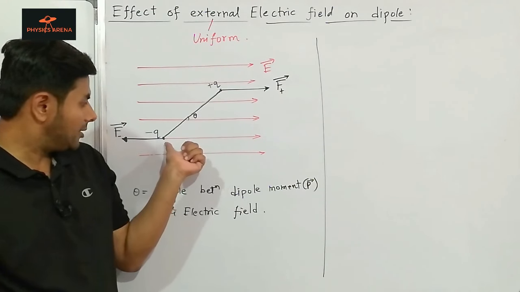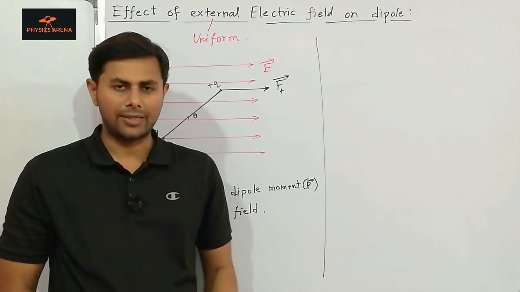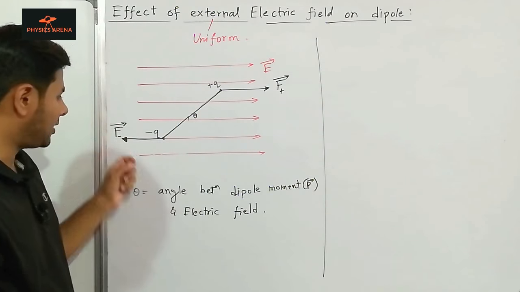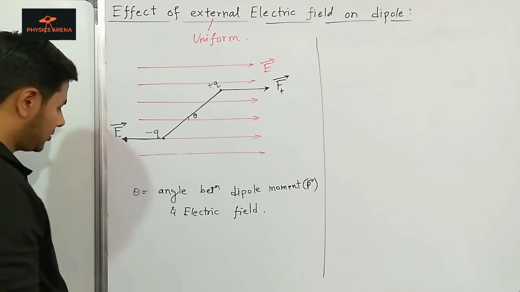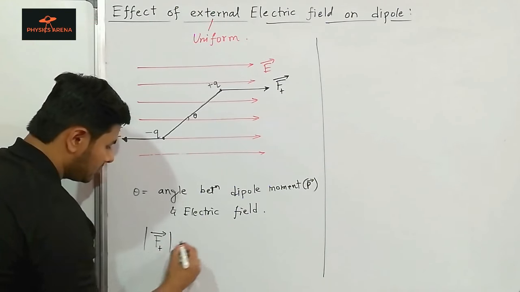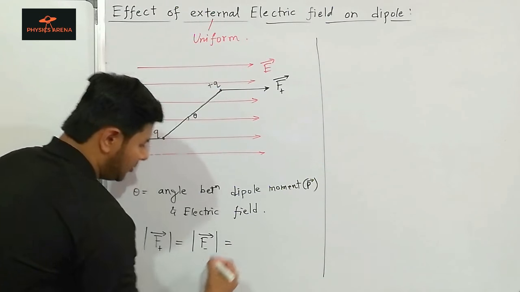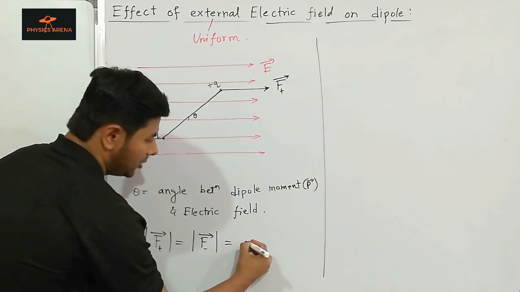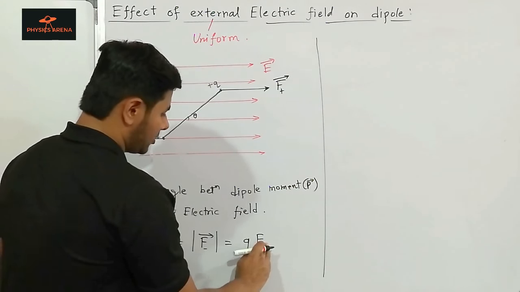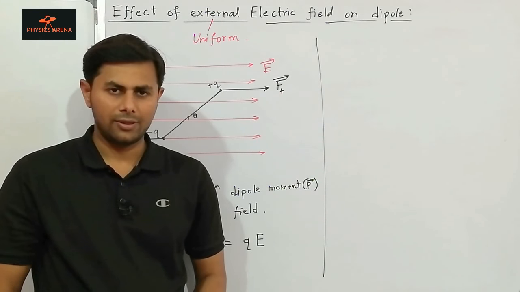Now because the value of electric field is the same at this point and this point, the magnitude of F plus bar and the magnitude of F minus bar will be the same. So the magnitude of F plus bar equals the magnitude of F minus bar, and we know that the force is equal to Q into the electric field, the magnitude of charge multiplied by the magnitude of electric field.